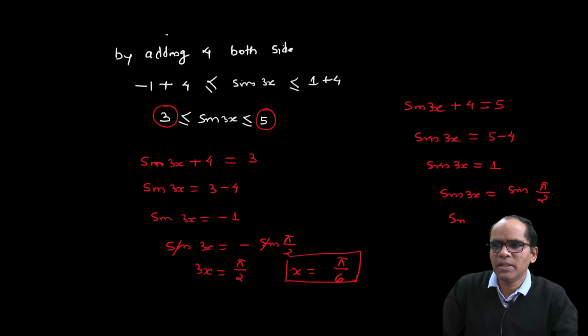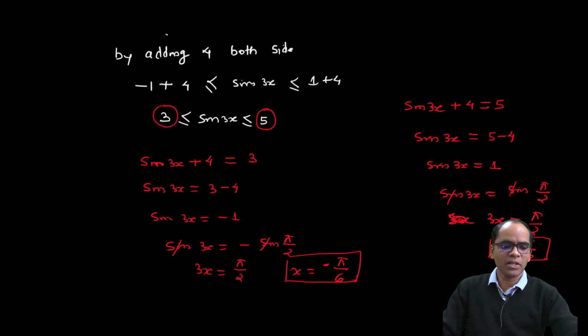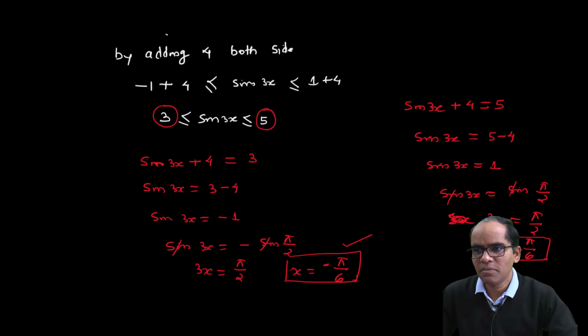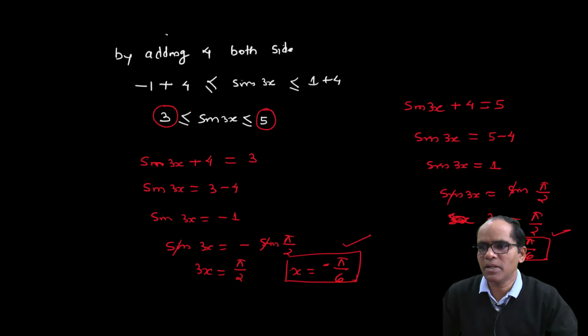So sine and sine get cancelled. So this will be 3x is equal to pi by 2. So x is equal to pi by 6. So see, the value of x is minus pi by 6 here and plus pi by 6 here.